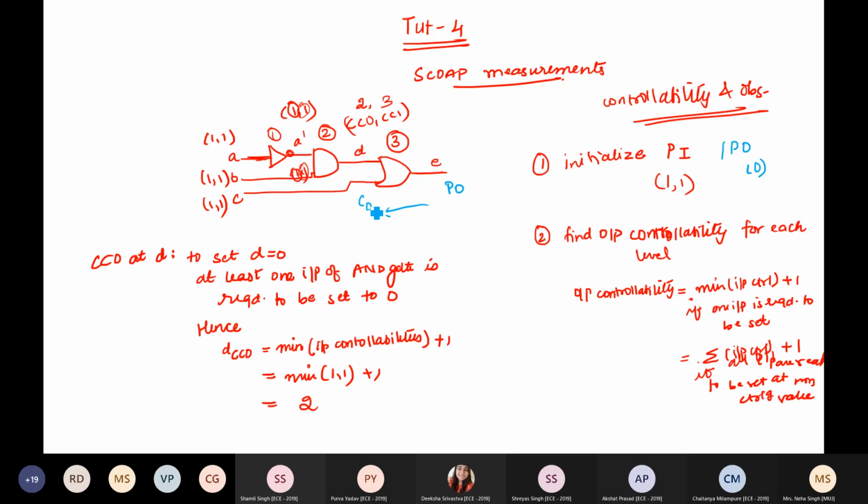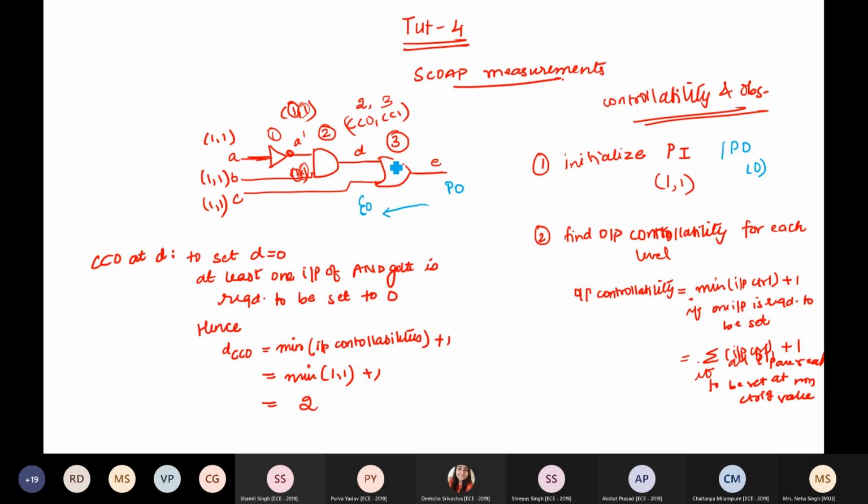So observability will be given as the observability of the output plus the CC0 or CC1 of the other input when required to be set to non-controlling value.